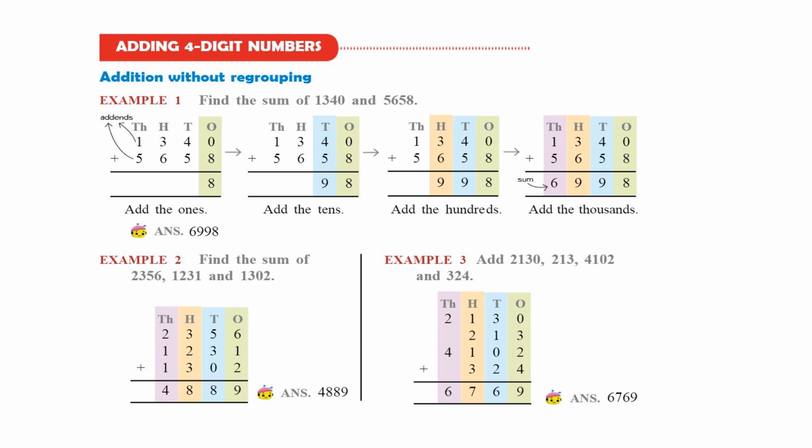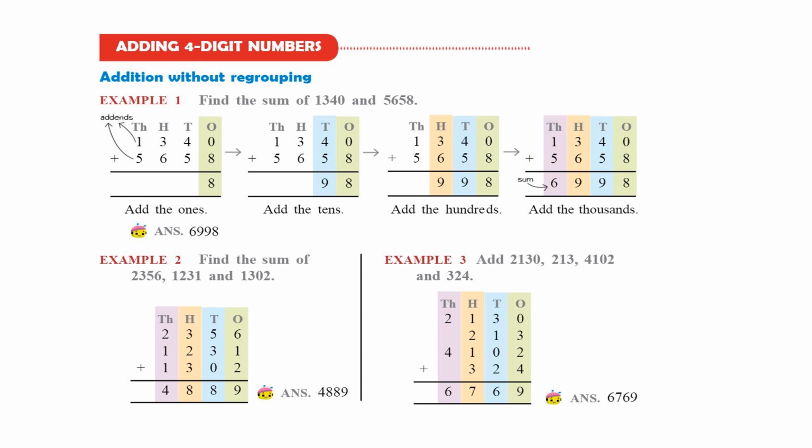Right? We look into the next example 2. Find the sum of 2356, 1231 and 1302. First, what are we going to do? We have to arrange the numbers one below the other. First we write the place values on the top: ones, tens, hundreds and thousands.